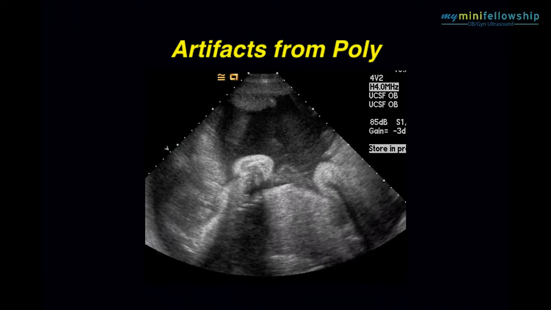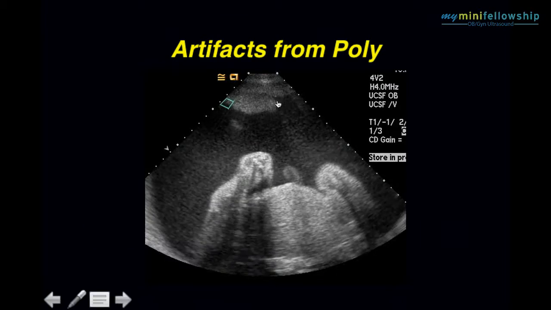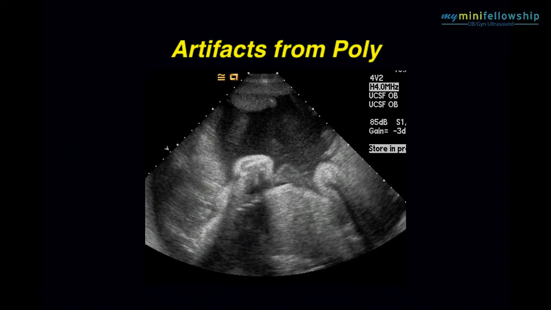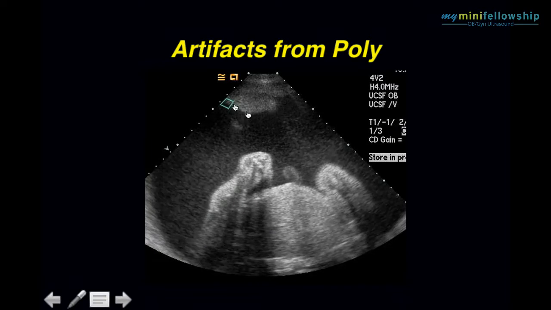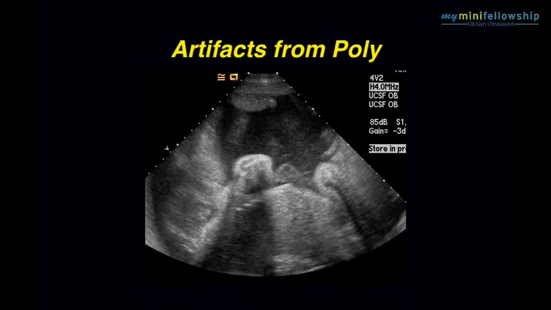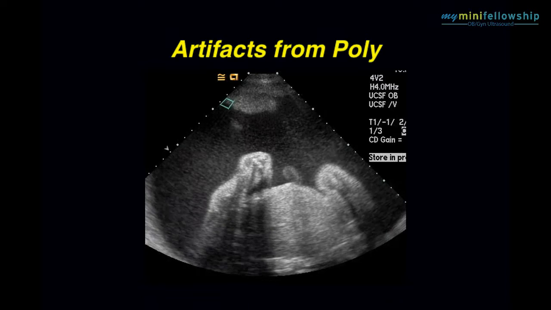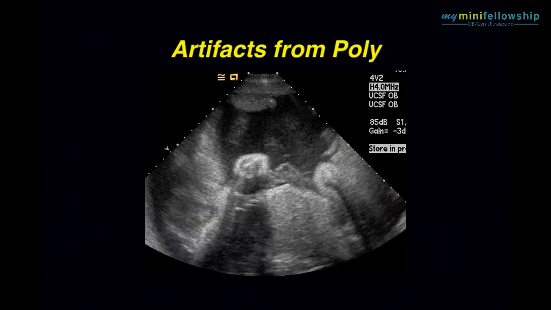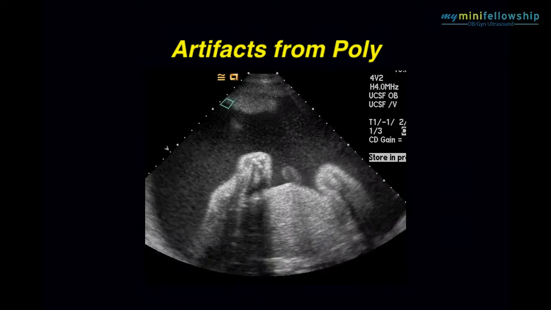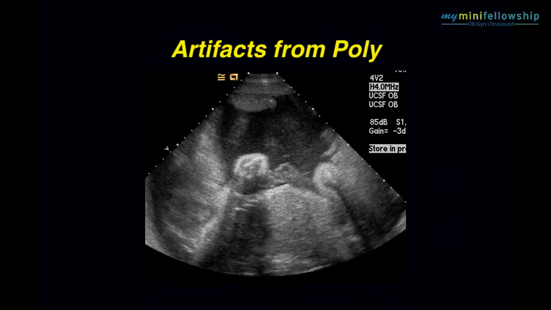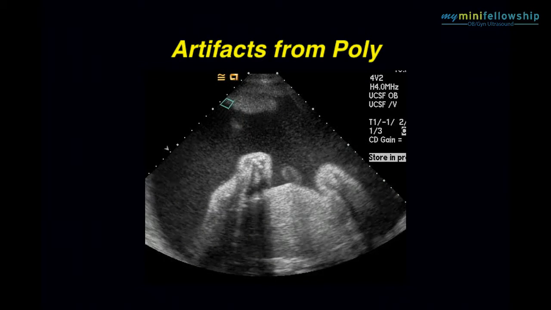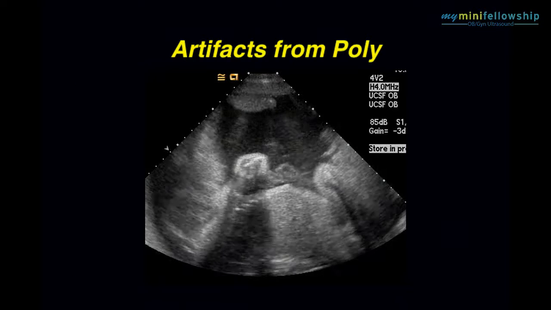One of the things that I do is to place a small color Doppler box, which changes the character of the beam. And you'll see as soon as the Doppler color box turns on, the artifact disappears.